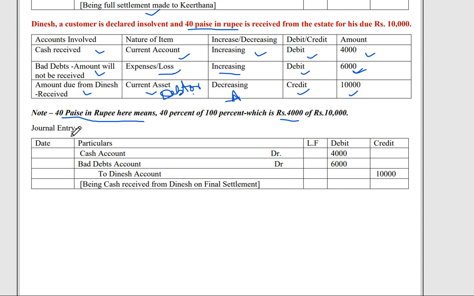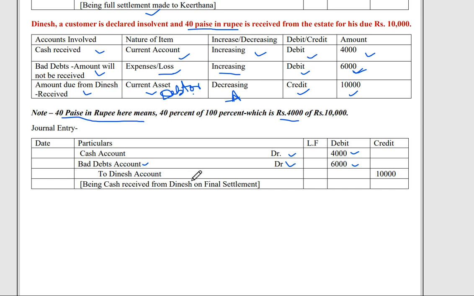The journal entry for this is: cash account debit, which is 4,000 rupees received, and bad debt account debit, that is bad debt 6,000 rupees, which may or may not come. As of now we are considering it as an expense or loss for the business.